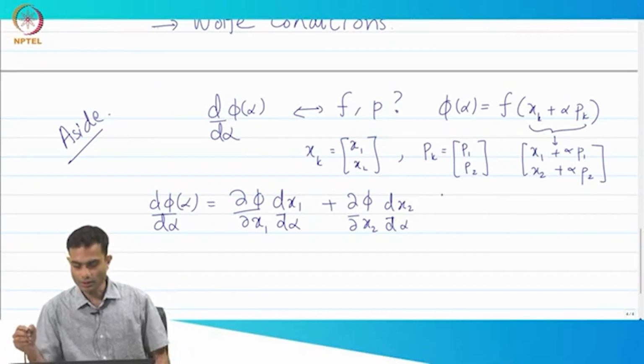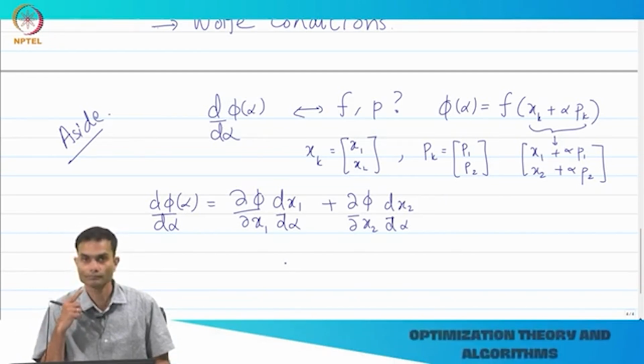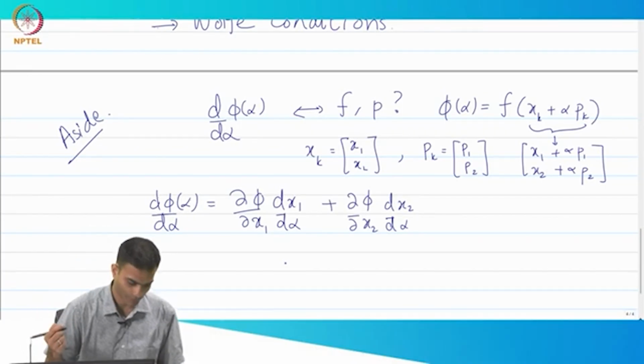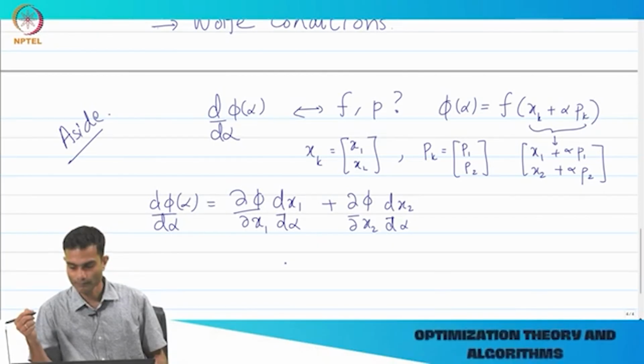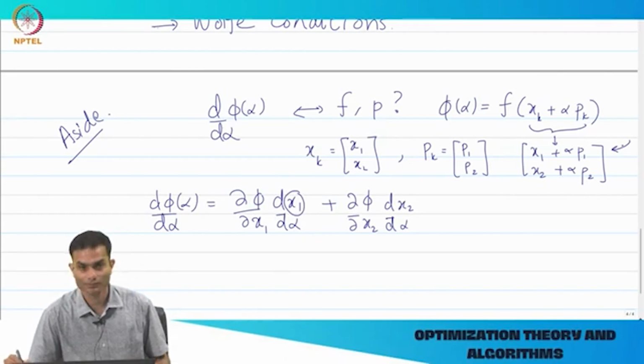What is d x1 by d alpha? Actually, x1 is a proxy for the first variable.